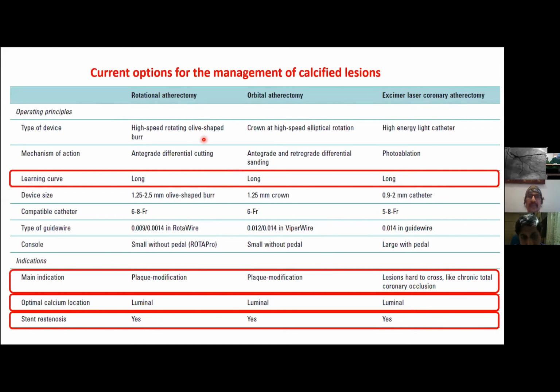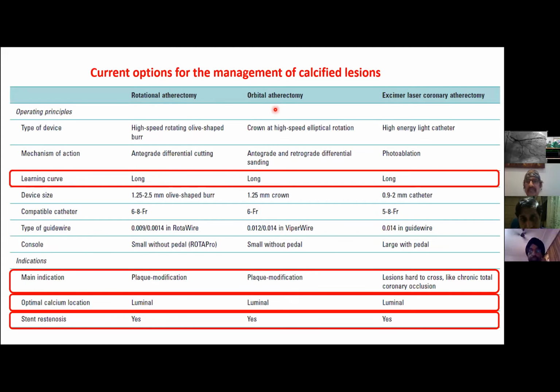When you compare the three procedures that are difficult to learn or have long learning curves, the rotational, the orbital atherectomy and the excimer laser, you realize that with rotational, you can have plaque modification, but you still need something more to get a stent expansion.